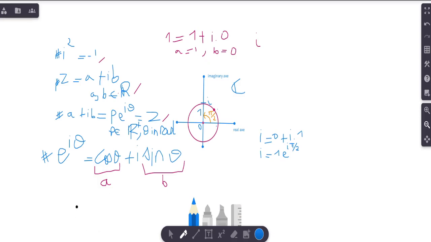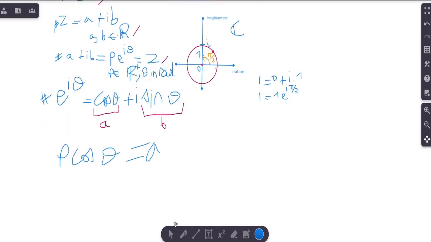We have rho cos theta equals a, and rho sin theta equals b.